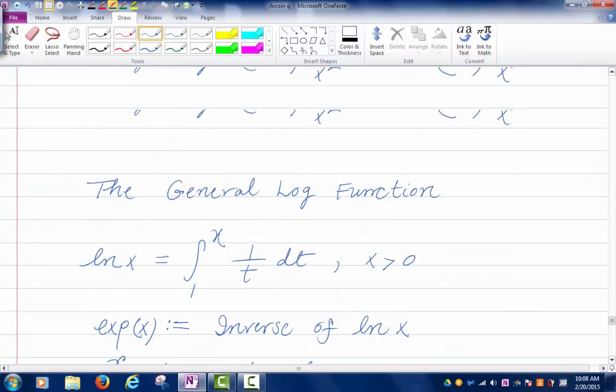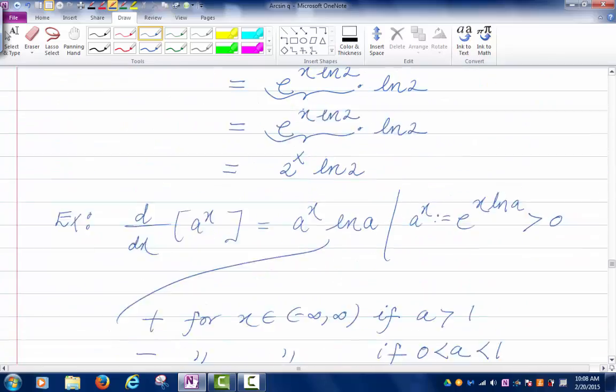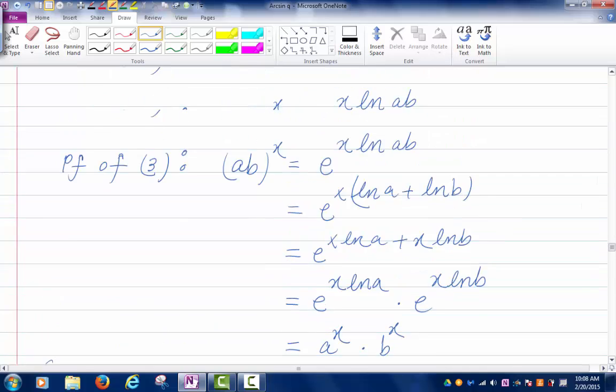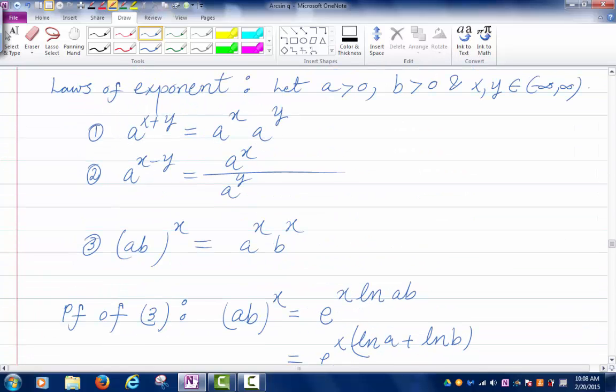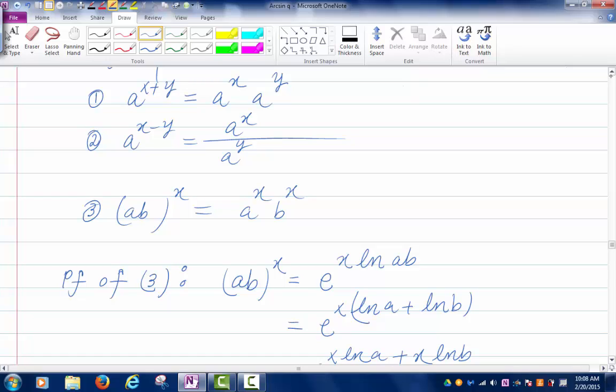So what were the rules for the general exponential function? Let me go back and make sure. Remember I gave you the laws of exponents here. A to the x plus y is a to the x times a to the y, a to the x minus y, and ab to the x is equal to a to the x times b to the x.